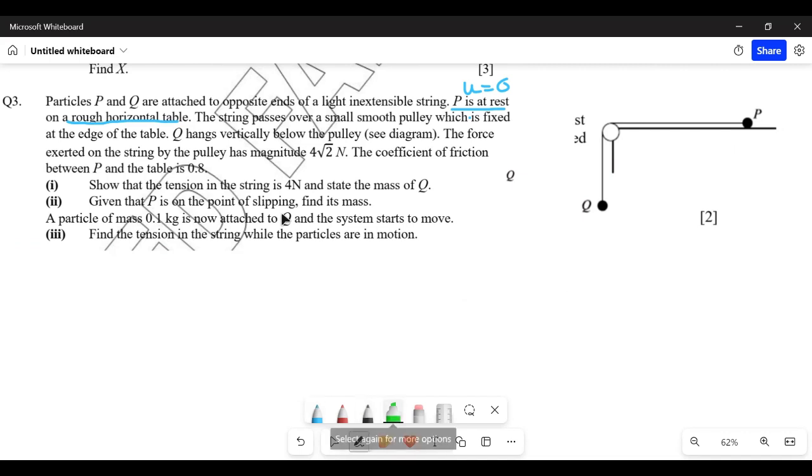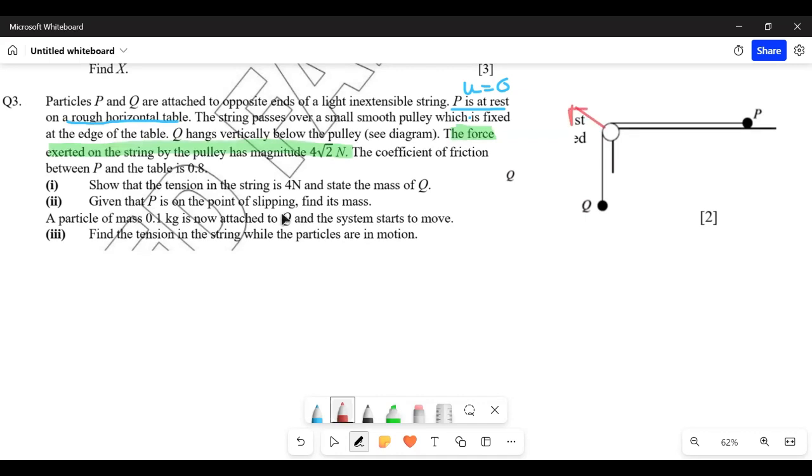Now this is something different. The force exerted on the string by the pulley has a magnitude of 4 under root 2 newtons. They're saying that this pulley exerts a force on this string, so it's going to be in this direction. You have an extra force in this question.